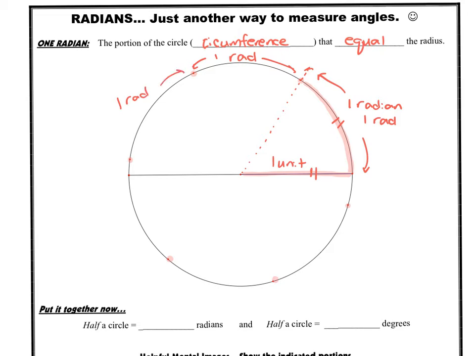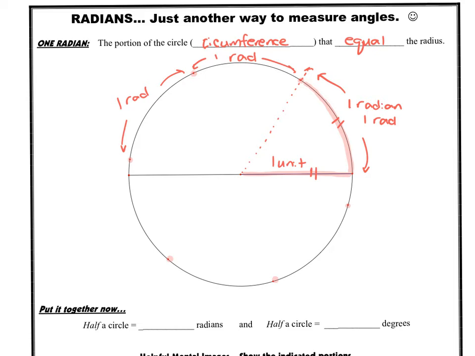Okay, from the dots to the dots would be 1 radian. And I said that it was about 60 degrees, and that would make sense because if this is about 60 and this is about 60 and this is about 60, it's clearly not exactly 60 because that would have put me perfectly halfway around the circle, but approximately 60 seems to be about right.